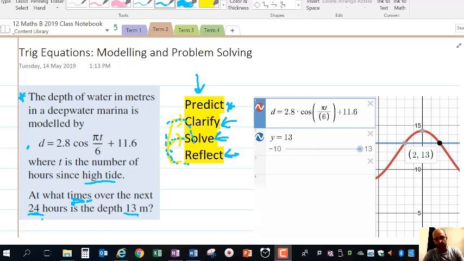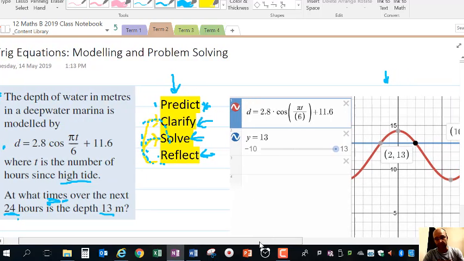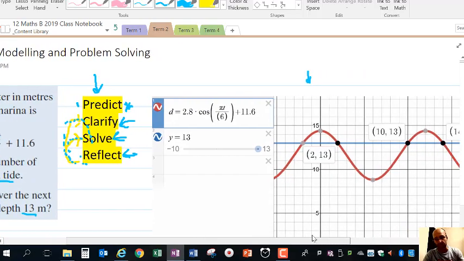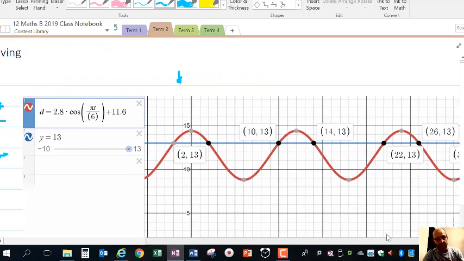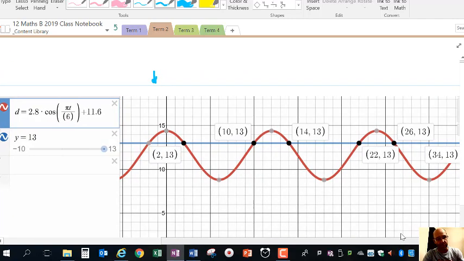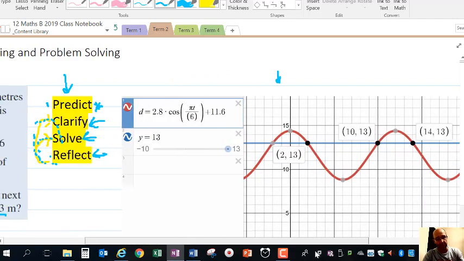The graph, you can see the edge of here, which I'll reveal in a moment, is a bit of a mixture of the predict and the reflect. It's used in both. So we can predict what we're likely to get by plotting the graph using technology first. So you can do this on something like Desmos or your graphics calculator. You can see that I've plotted the given function and also y equals 13.